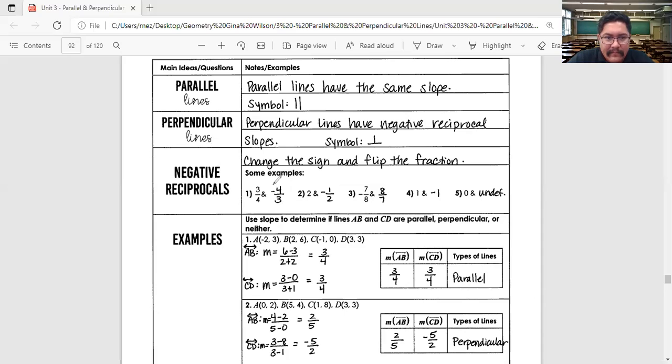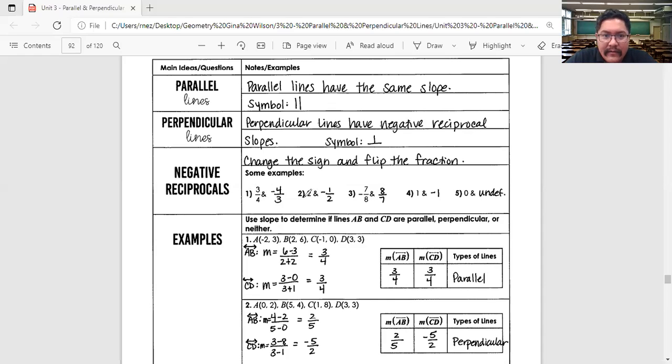So flip it. That flipping is the reciprocal. Reciprocal means that we flip that fraction.